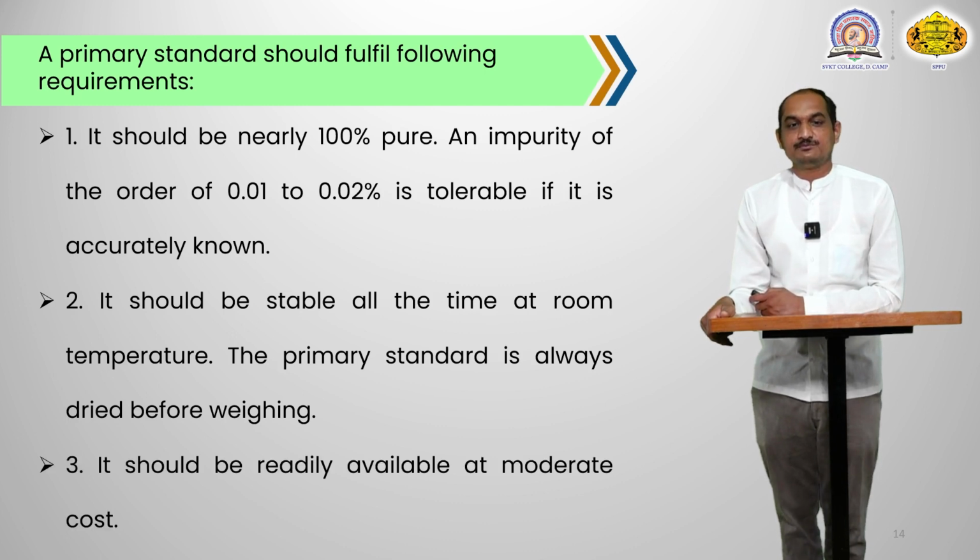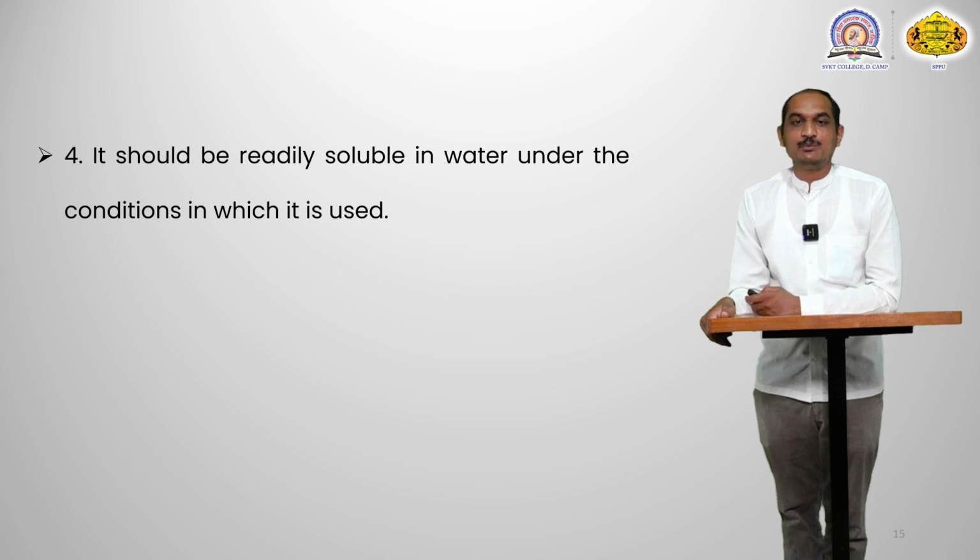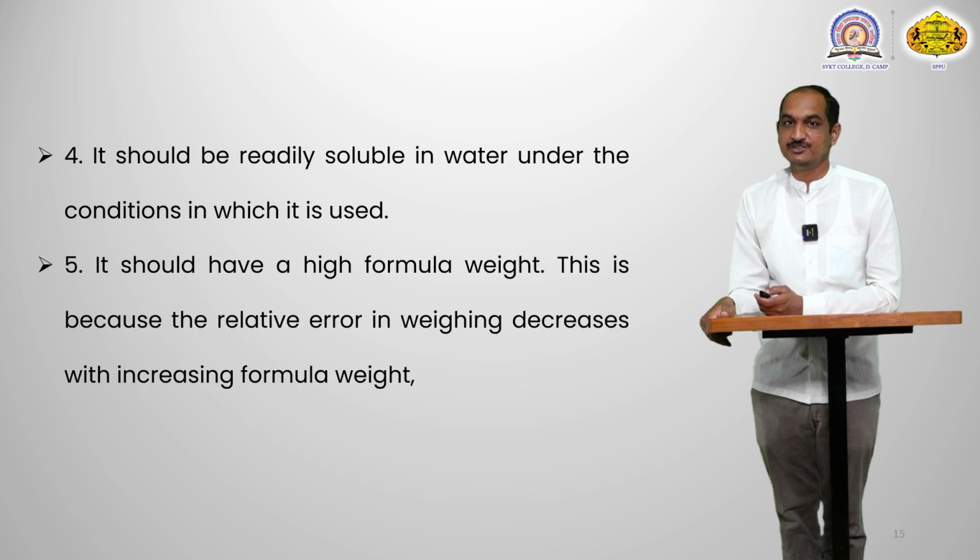The next important requirement for the primary standard substances is that it should be readily available at moderate cost, because cost is most important. Another important requirement of a primary standard is that it should be readily soluble in water under the conditions in which it is used.